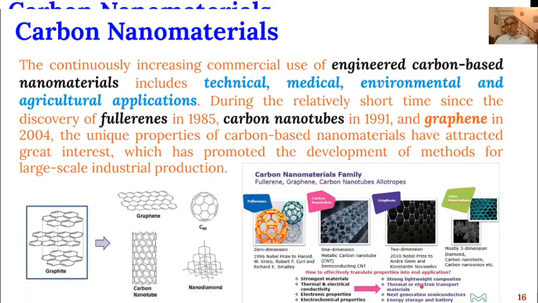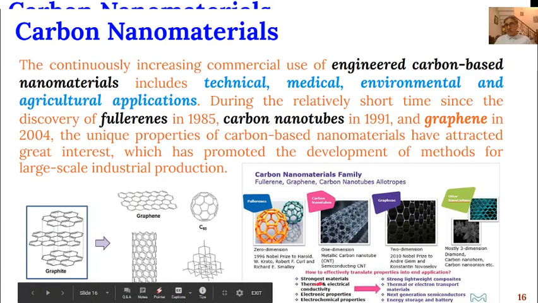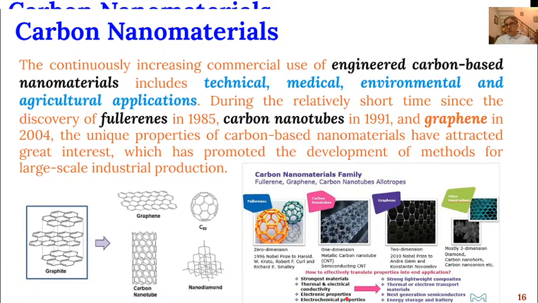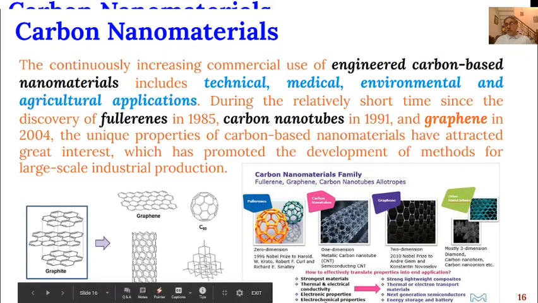Because of the unique properties, these are the strongest materials, they have thermal and electrical conductivity, and their electronic properties are very good. Then they have some electrochemical properties also, and because of these unique properties, strong, lightweight composites can be made from them, and they can be used for thermal or electronic transport materials.